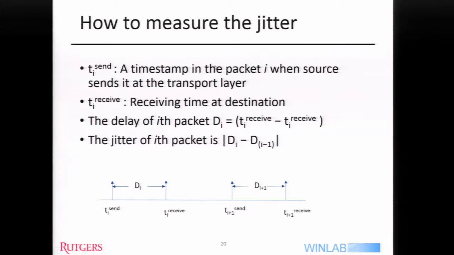And here is how we measure the jitter of the flow. First we define the delay of each packet as the time the packet is received minus the transmission time. Then we define the jitter as the difference between consecutive delays.